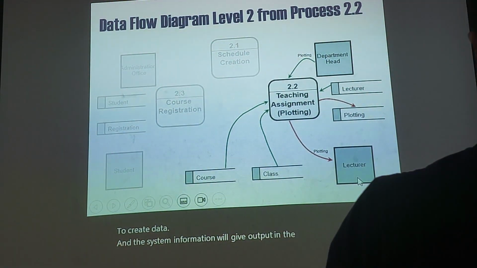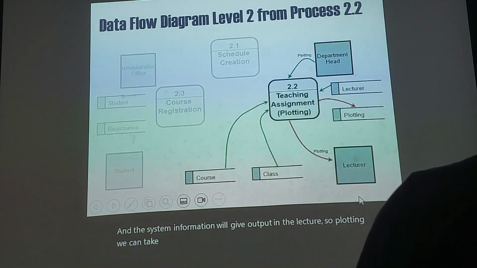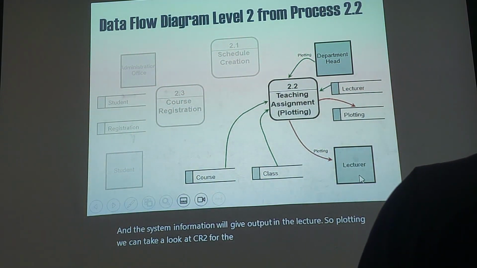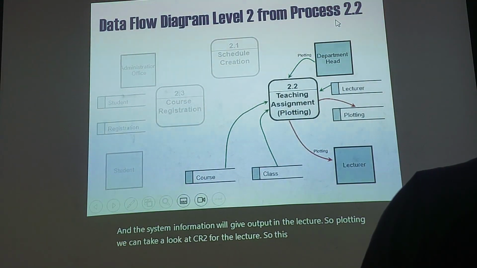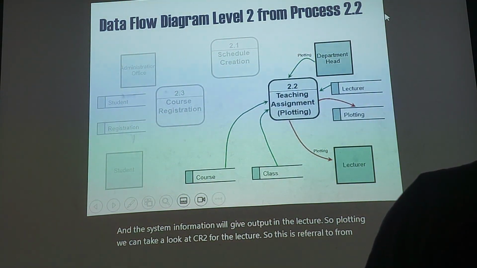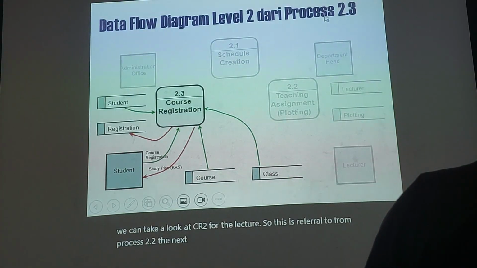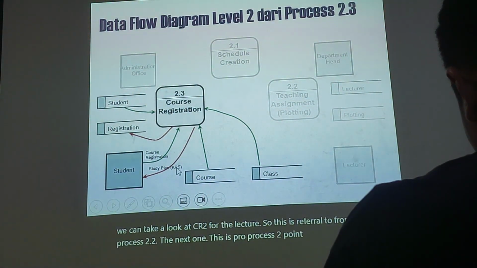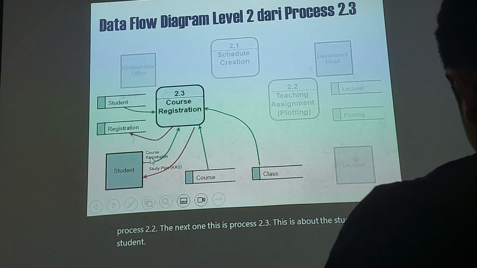So for plotting, we can take a look at the DFD level 2 for lecture. So this is level 2 from process 2.2. The next one, this is process 2.3. This is about the student.